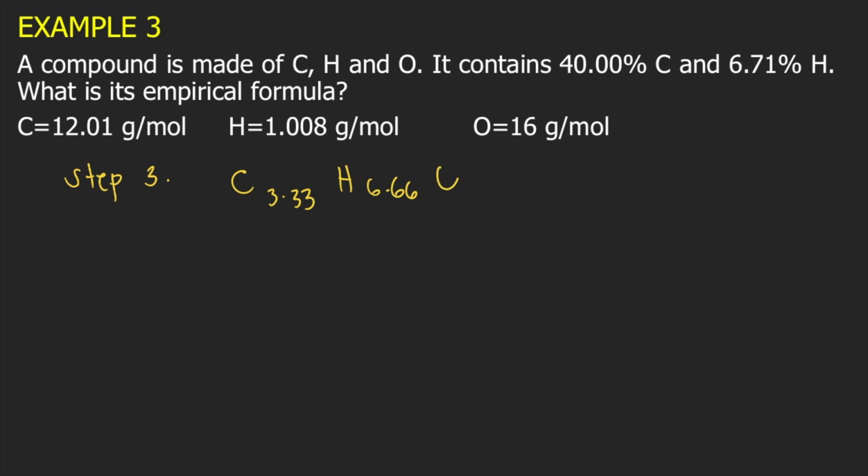And for oxygen, we got 3.33 moles. For step 4, you choose the smallest number of moles. In this case, it's 3.33. So you divide everything by 3.33.